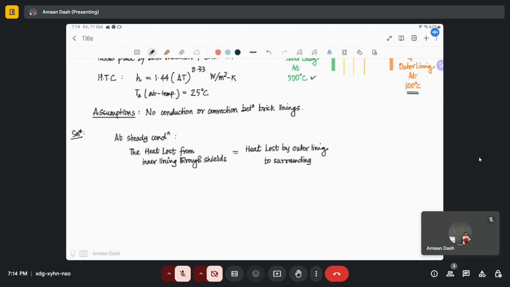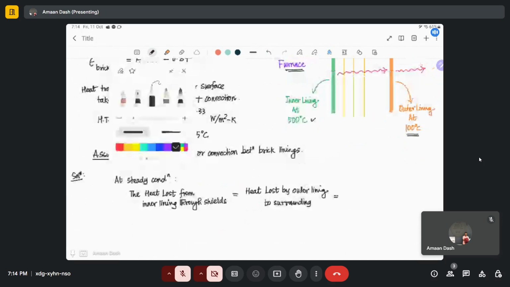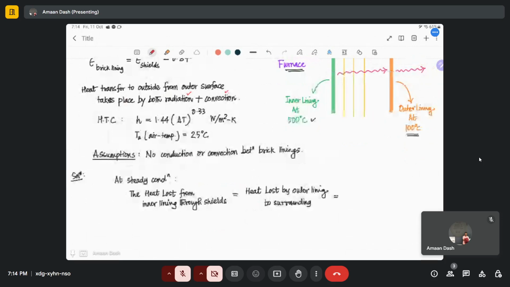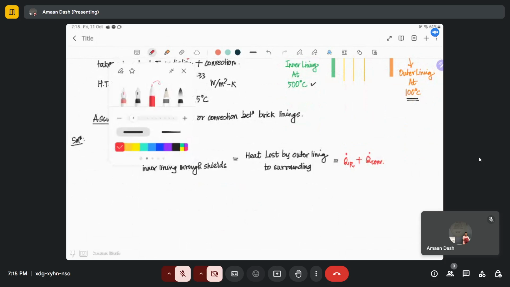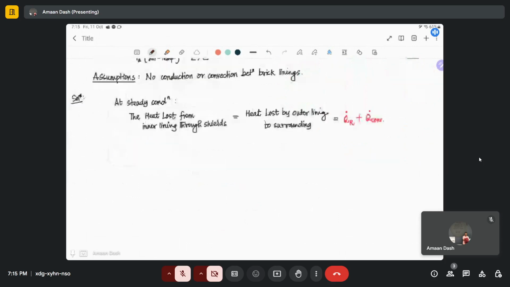Say at steady condition, the heat that is lost from inner lining through the shield will be equal to the heat loss from the outer lining.